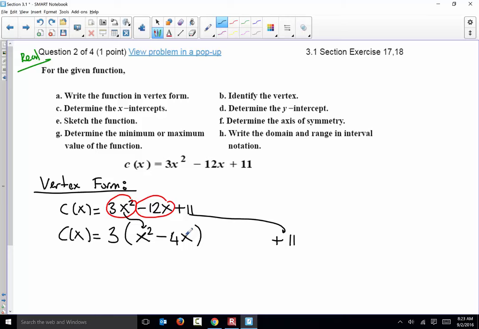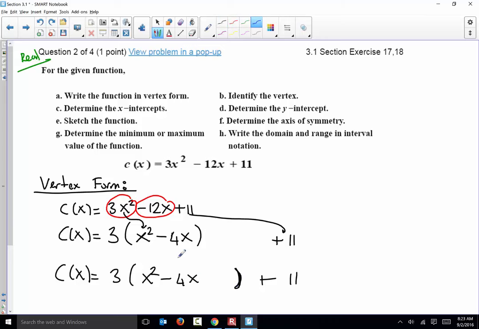Okay? So far so good? Okay. Next. And this is very important. This 11 always comes here, okay?